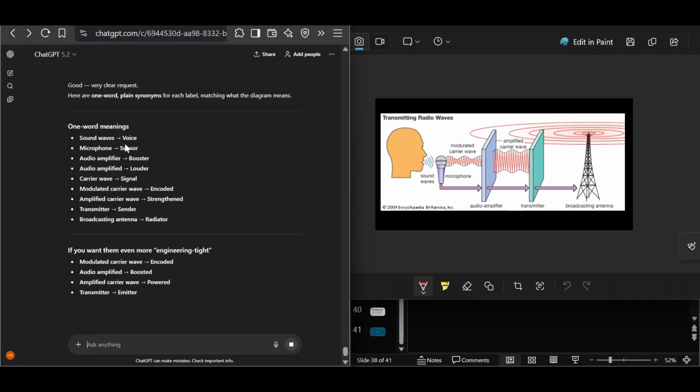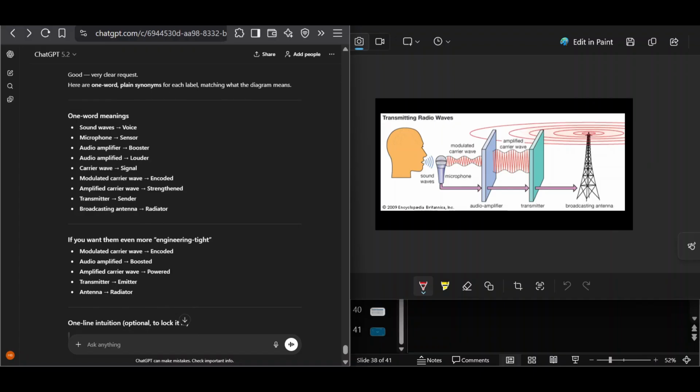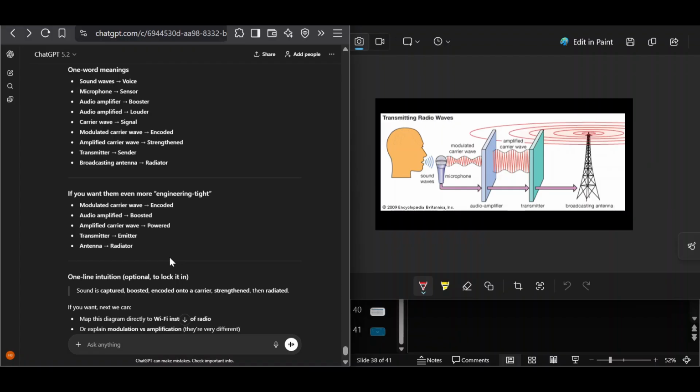Sound waves, voice, sensor, microphone, modulated waves, the modulated carrier, encoded, strengthened. Okay, amplified, audio amplifier means it increased it. Amplifier, booster, louder, radiator, encoded, engineered, boosted, powered.